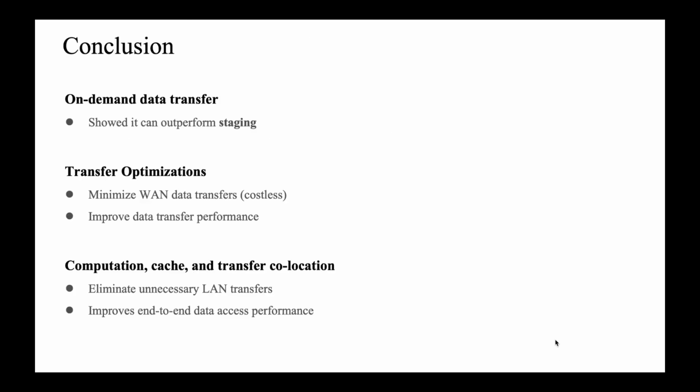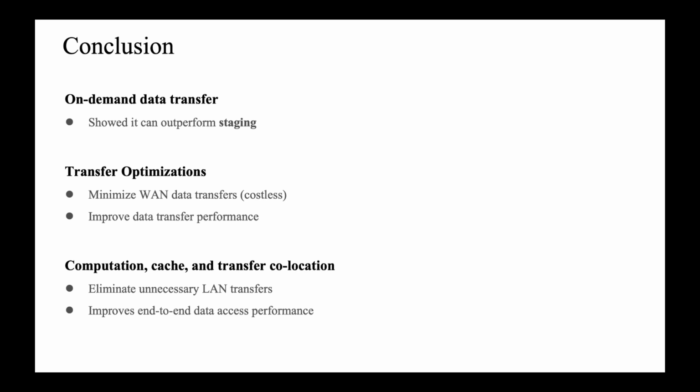To sum up, Stargate implements on-demand data transfer and showed that on-demand data transfer can be a better option than staging. To address drawbacks of on-demand data transfer, Stargate implements several transfer optimizations to improve data transfer performance.